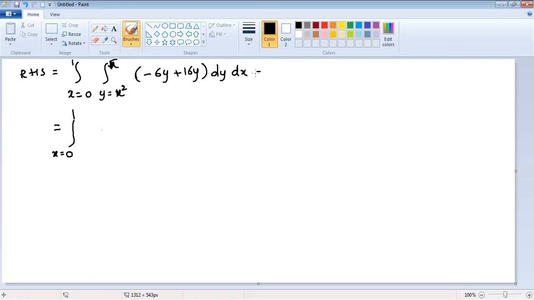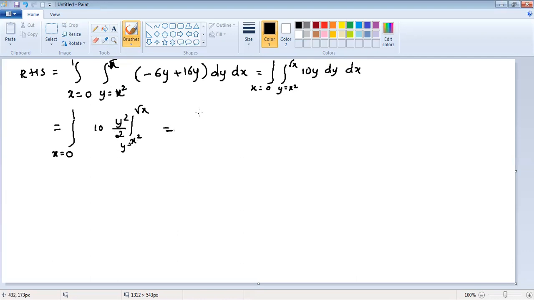Now directly here you can write it as 10y into dy into dx. Yes, limits are x is equal to 0 to 1 and y is equal to x square to root x. So now here integrate with respect to y, that is y square by 2, limits from x square to root x. This is for y.